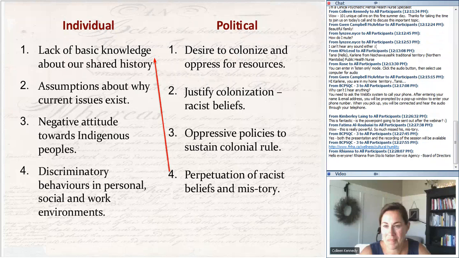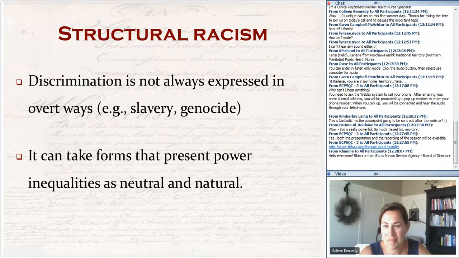I wanted to talk a little bit more about structural racism. People don't often hear this term much, but if you think about discrimination on a broader, societal level, things like slavery, genocide, the Holocaust, those are overt expressions of racism. But racial discrimination isn't always expressed in those overt ways.